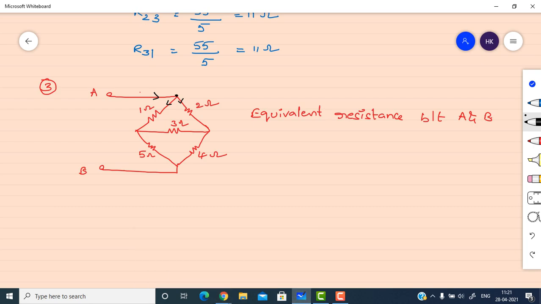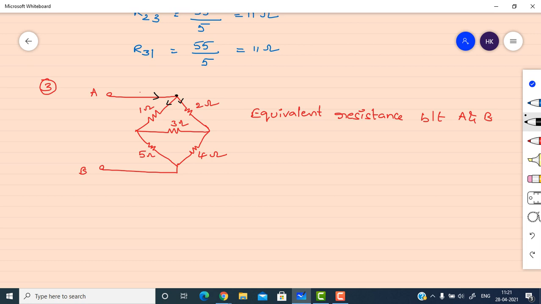Parallel. So 1 ohm and 2 ohm are in parallel. Are they parallel? Sure, every one of you. It's absolutely wrong. 1 ohm and 2 ohm are neither in series nor in parallel.